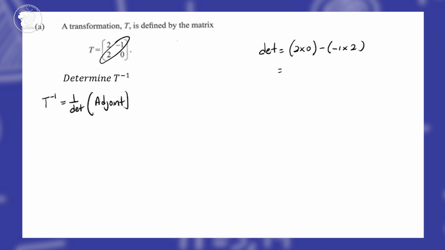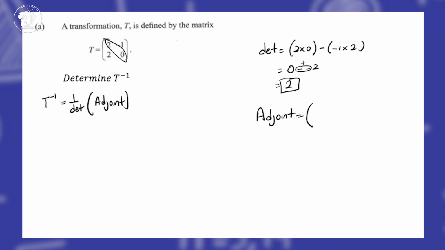So 2 times 0 is 0, subtract -1 times 2, which is -2. So you have 0 minus -2, which cancels out and becomes a plus. So 0 plus 2 is 2. So the determinant is 2.